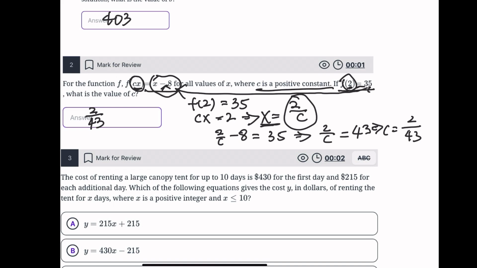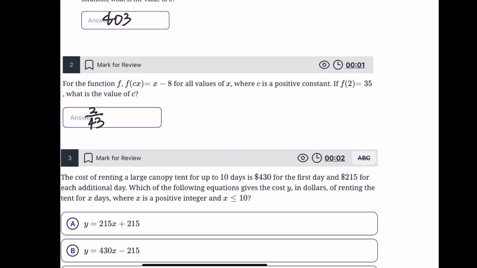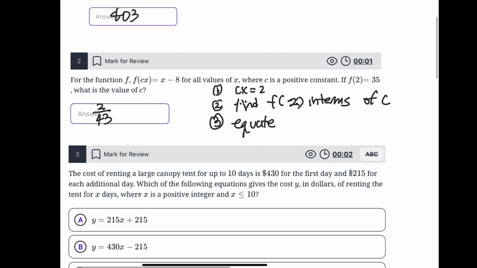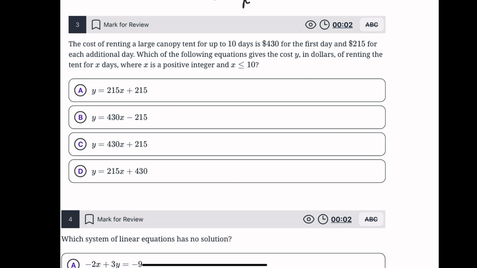So in other words, the general approach for this problem would be: one, cx is equal to 2; two, find f of cx in terms of c, that is, find f of 2 in terms of c; and the third step is to equate. So that's how you would do it. Now let's move on to question 3.